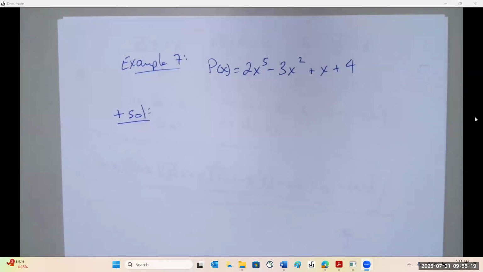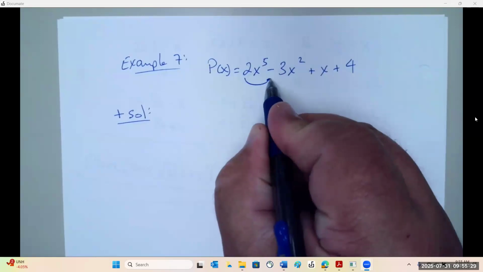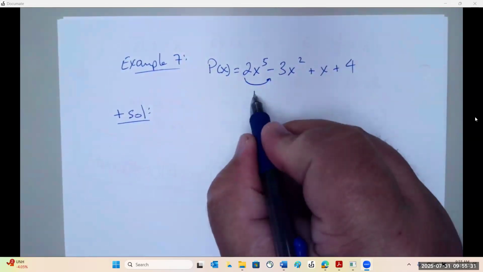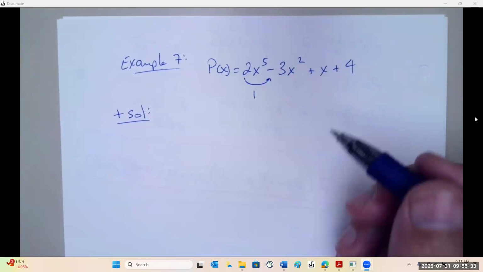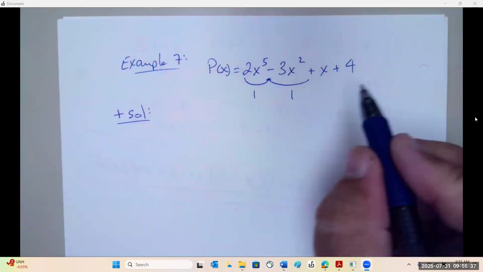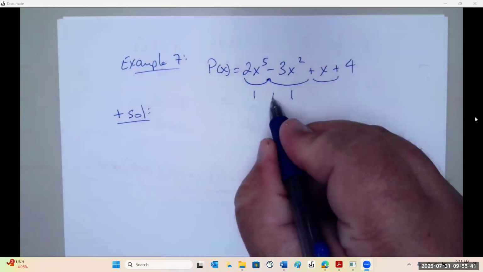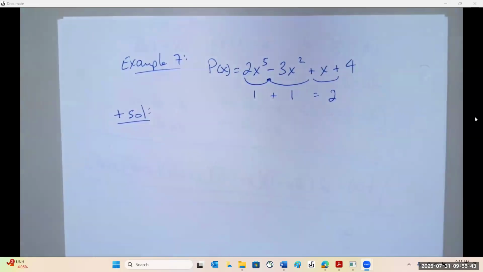Now, look at these, and then let's count the number of sign changes that we have. So the first one is positive, right? It's going to negative. Is that a sign change? Yes, that's one sign change. From negative to positive, is that a sign change? Yes. From positive to positive, is that a sign change? No. So we only have 2 sign changes.